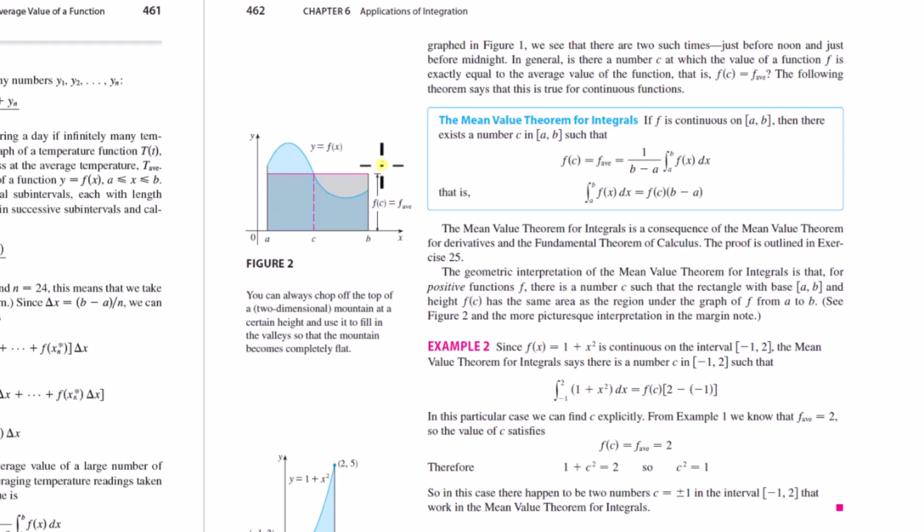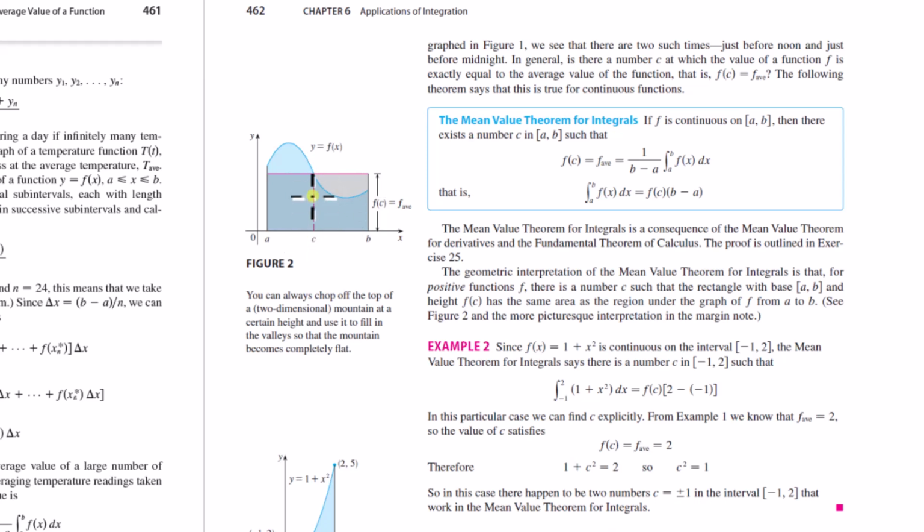So you could think about, let's say you didn't know the f of c, the point c where you plug it into the function, then the value of the function equals the average value of the function over the interval. What you could do is calculate the area under the curve between a and b. Then you could find a rectangle whose width is b minus a, and height f of c you don't know, but you find it by playing with the c value until you get the area that's equal to the area under the actual curve, and you know that that's equal to the average value of the function.